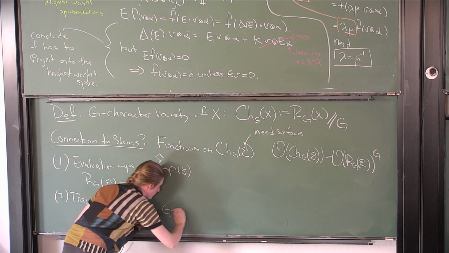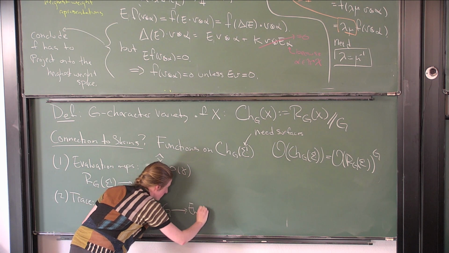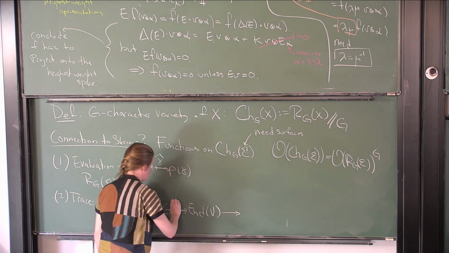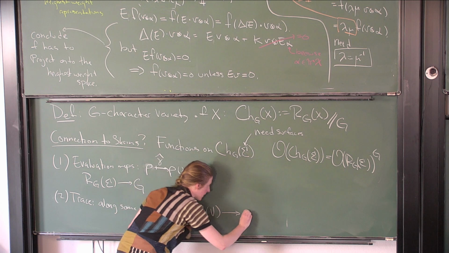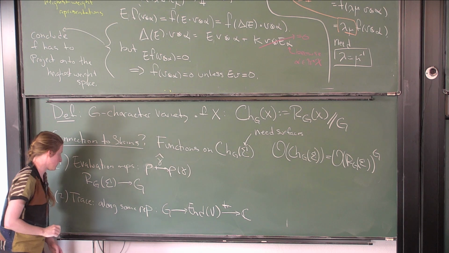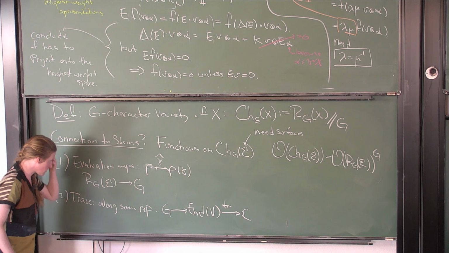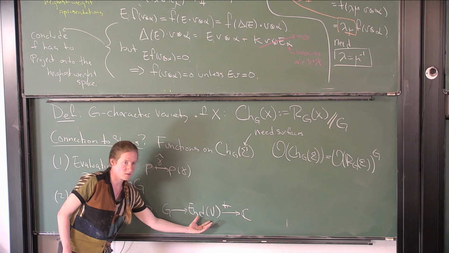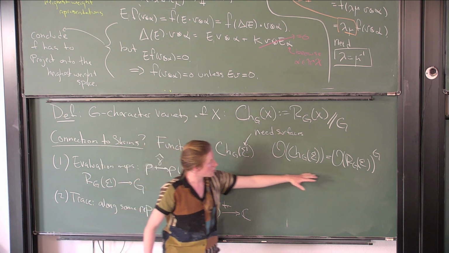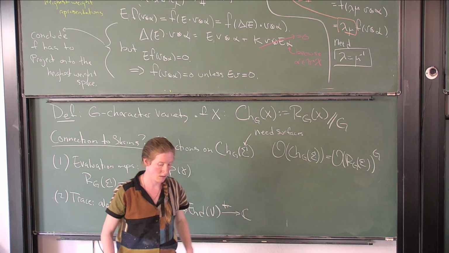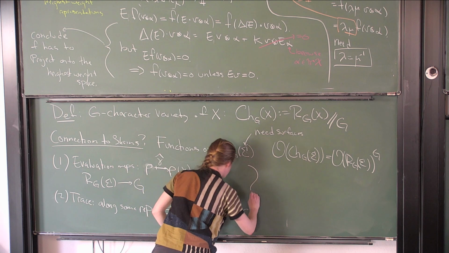I take G, the morphisms of some vector space, and after that I can go to C with trace, taking the trace of my representation. The trace is invariant under conjugation, so I am not just getting a function on the representation variety, but on the character variety, because it is G invariant.